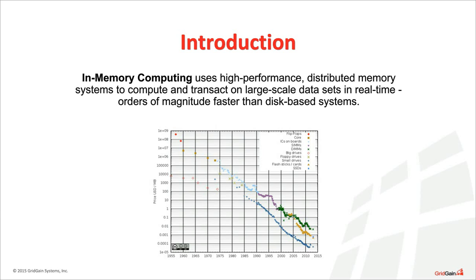Many years ago, we had a project where we tried to rewrite an application from Java to C, from C to assembly even, and use custom-made hardware. Any improvements you can make to the application will never get close to the performance advantage you can get by moving to in-memory computing.